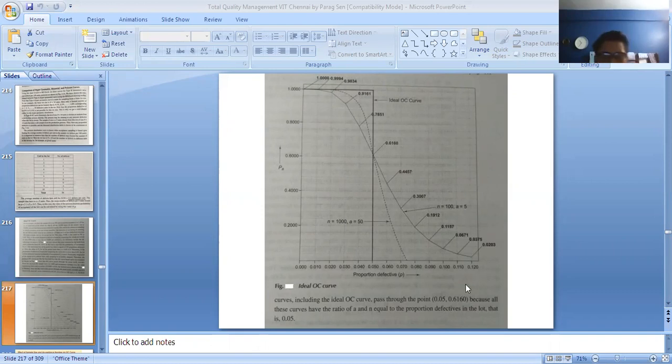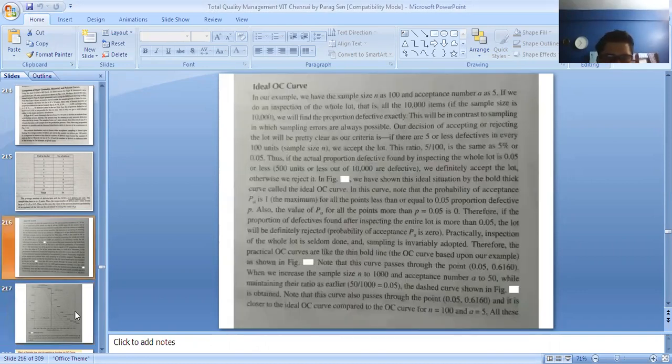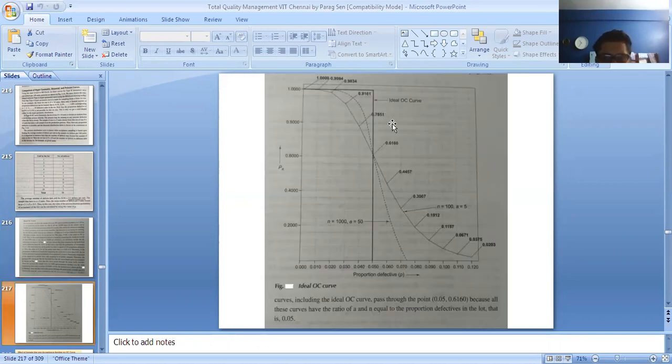Now all these curves, including the ideal OC curve, pass through the point 0.05, 0.616, this point, because all the curves have the ratio of a and n equal to the proportion defectives in the lot, that is 0.05.